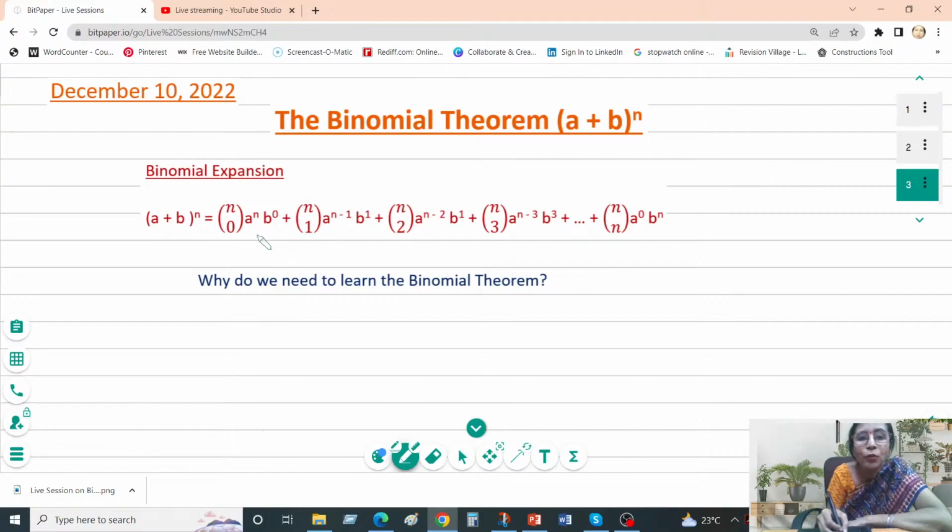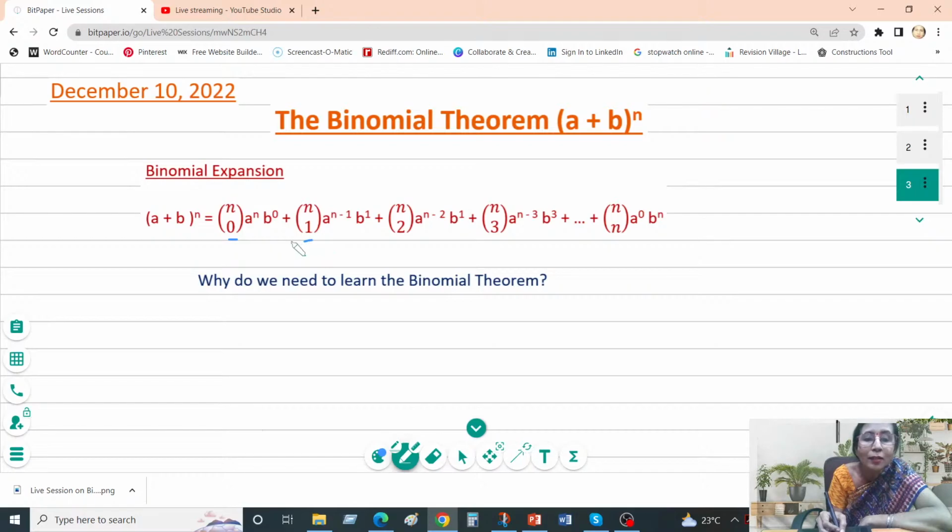We have seen how we get these terms in our very first session and in our second session also. We have seen what the coefficients are, how we get them. These are nCr, nC0, nC1, nC2 and so on. We saw how to get the values of these nCr terms, which are the binomial coefficients, using the TI-Nspire, and how to evaluate them manually.